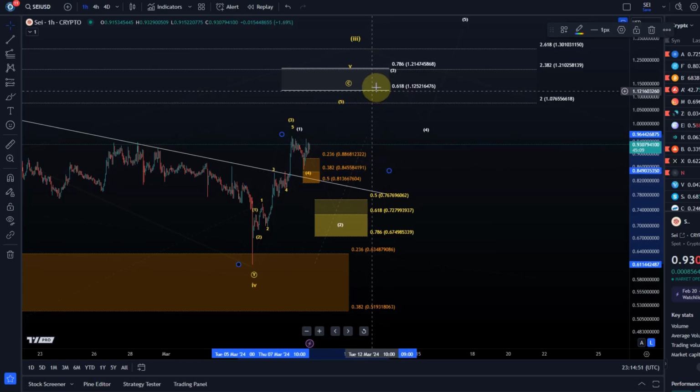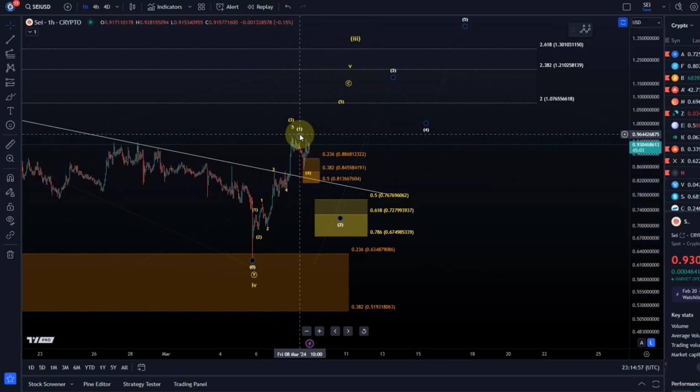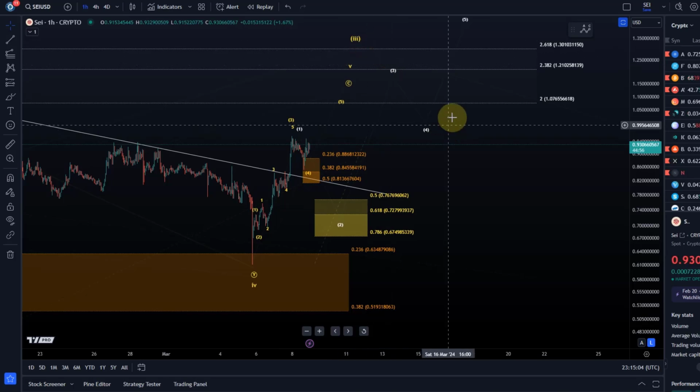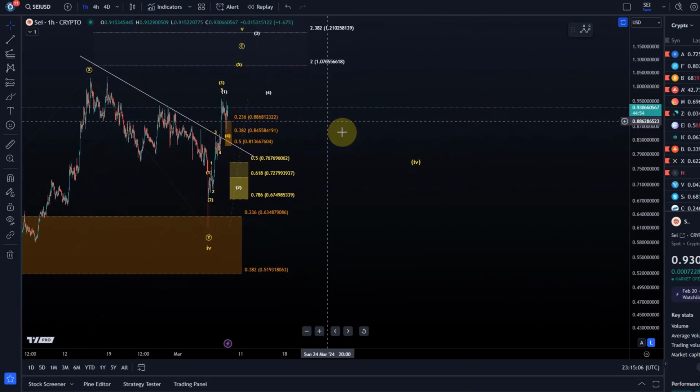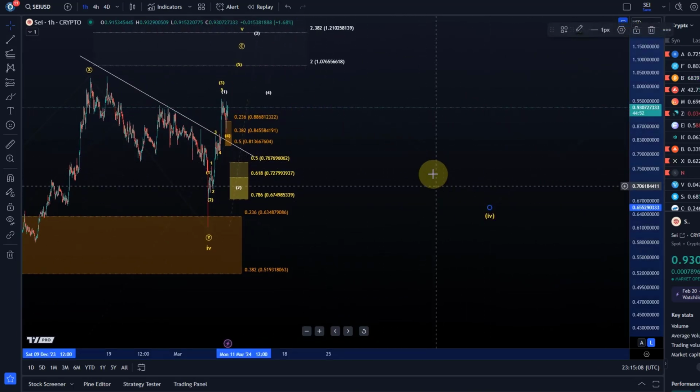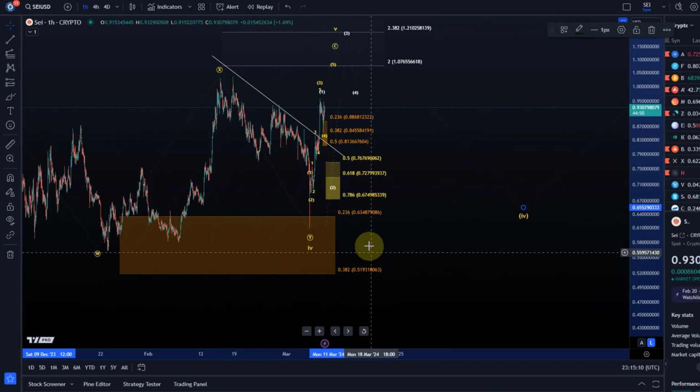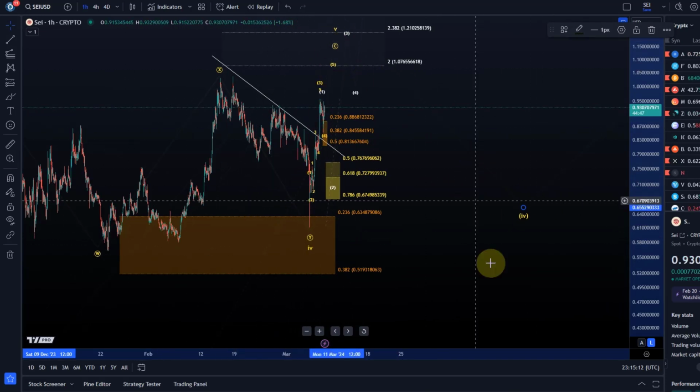Okay, so it could even get to around $1.12. So that's all fine. In the yellow count, the wave 5 might have started, and we could get just one more high, and we would complete the larger degree third wave. Then a larger degree fourth wave pullback would start, and we might see another pullback into the region of the previous wave 4. So quite a lot of sideways action here.